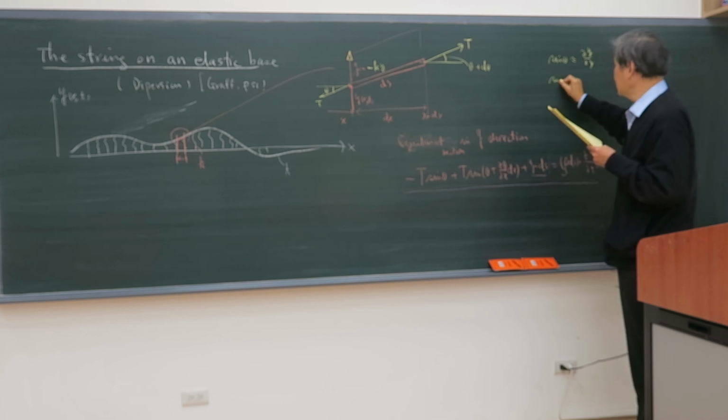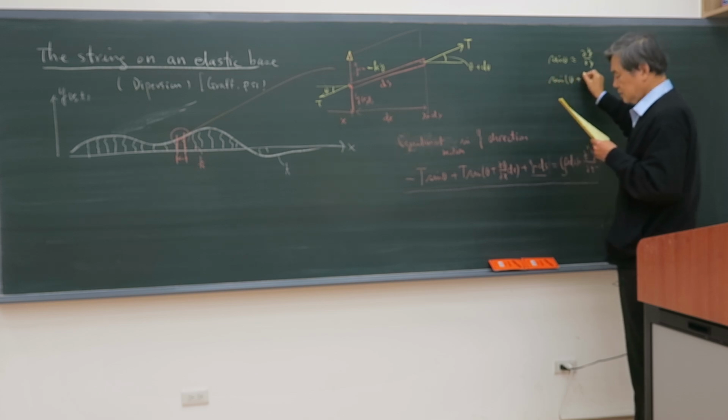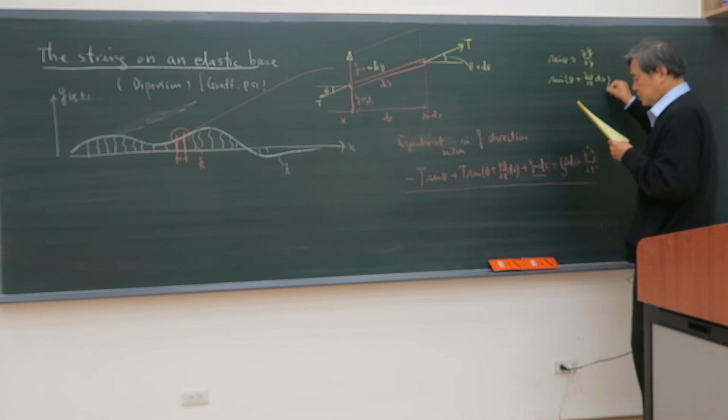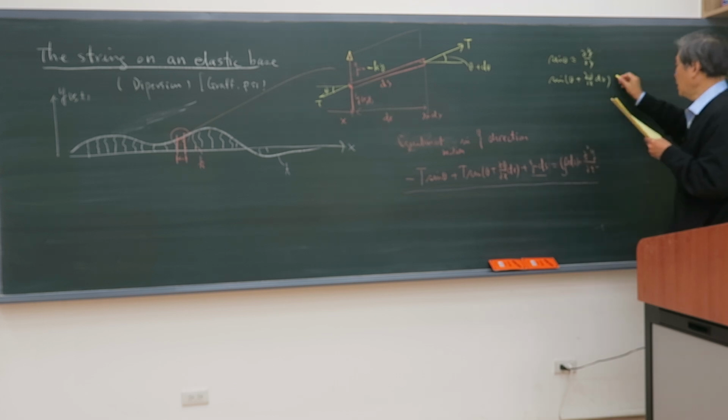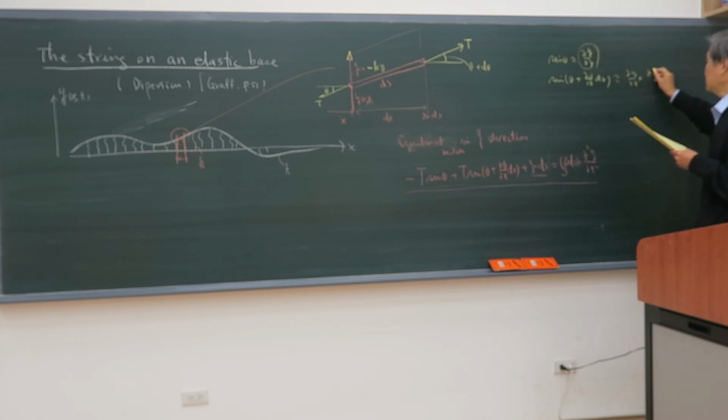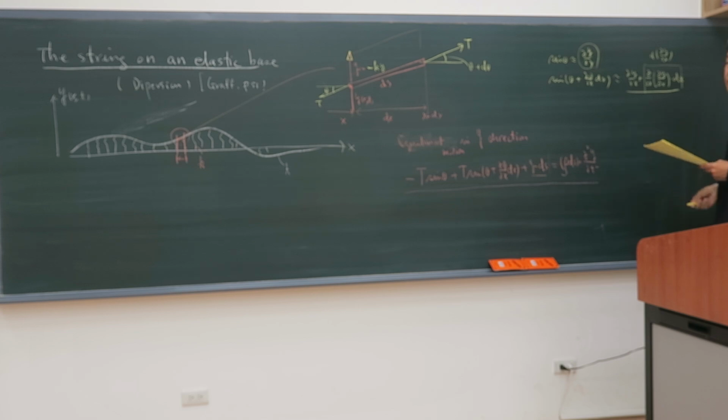So sine of theta plus partial theta partial x dx will be approximated as partial y partial x plus this term, the variation of the gradient partial x times dx.